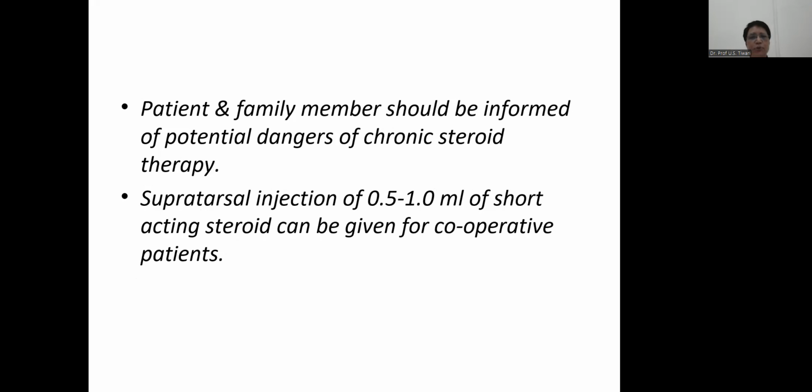Patient and family members should be informed of the potential dangers of chronic steroid therapy, as I've already mentioned. Supratarsal injection of half to 1 ml of short-acting steroids, such as dexamethasone or similar, can be made for cooperative patients and for those who are having very severe symptoms.